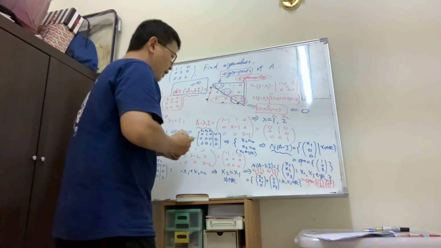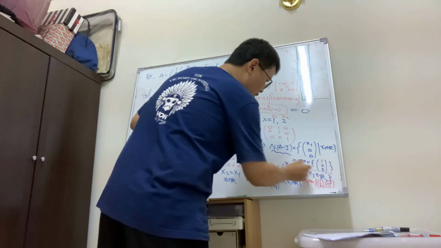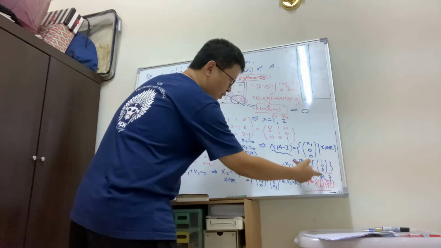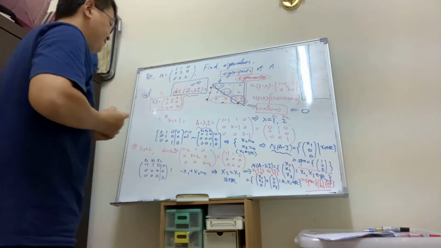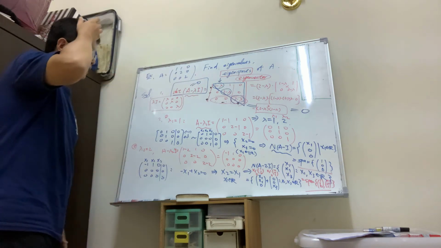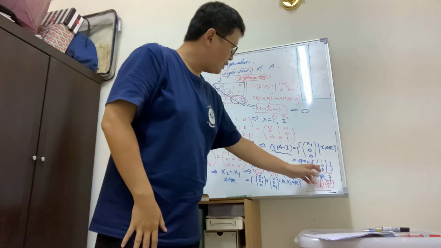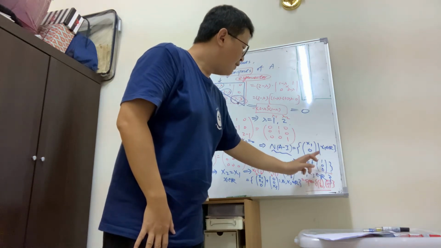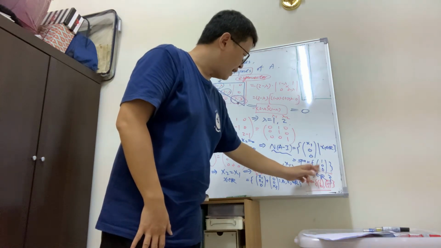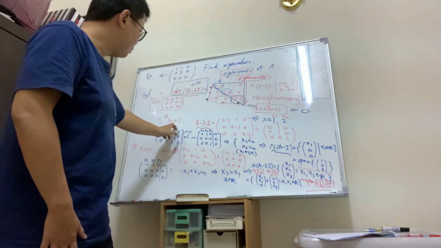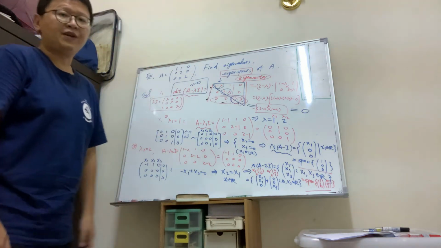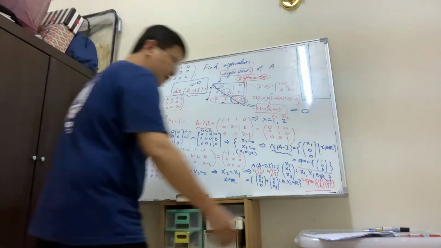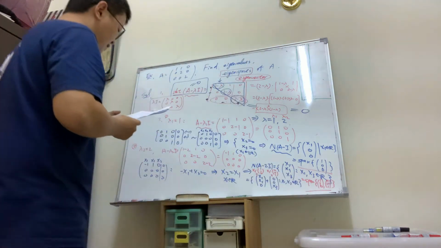So the first eigenspace is the span of (1, 0, 0), and this one is the span of (1, 1, 0), (0, 0, 1). Of course if you choose this one as an eigenvector, once you multiply any non-zero scalar, it's also an eigenvector corresponding to the same eigenvalue. Okay? It's the last example.